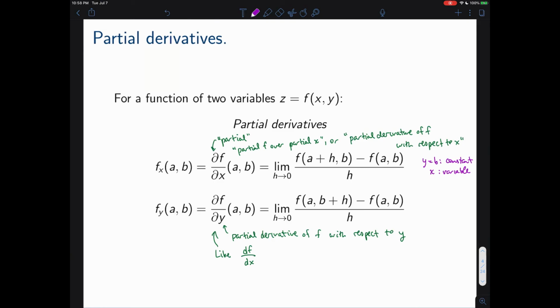In the second one, which is the partial derivative with respect to y, y is a variable and x is a constant. And looking at this, x equals a is constant. No matter what h is, x isn't changing. And y is the variable.